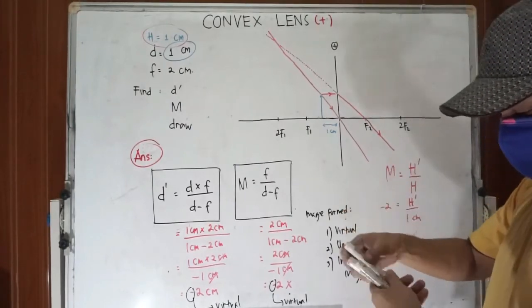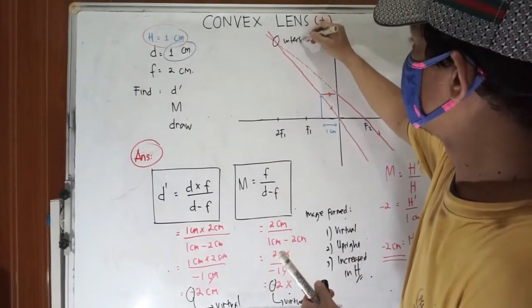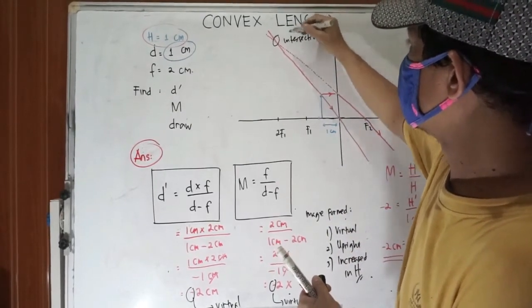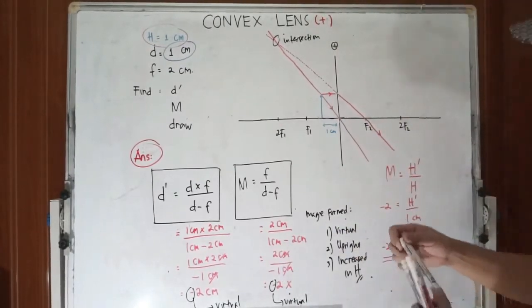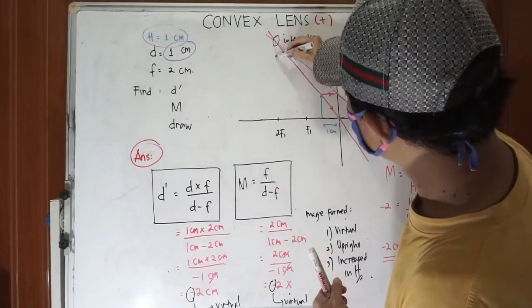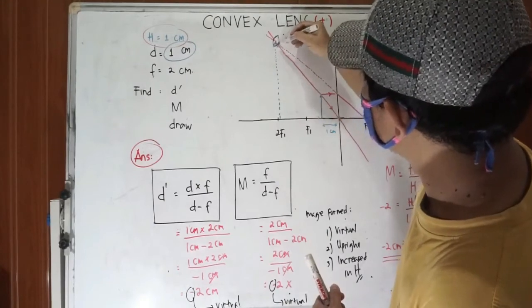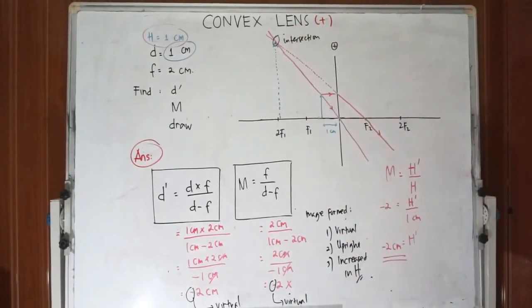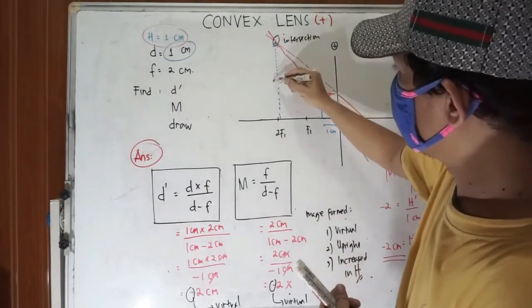You find the intersection, right? This is the intersection. So the image formed is upright. Okay. The image formed is virtual.